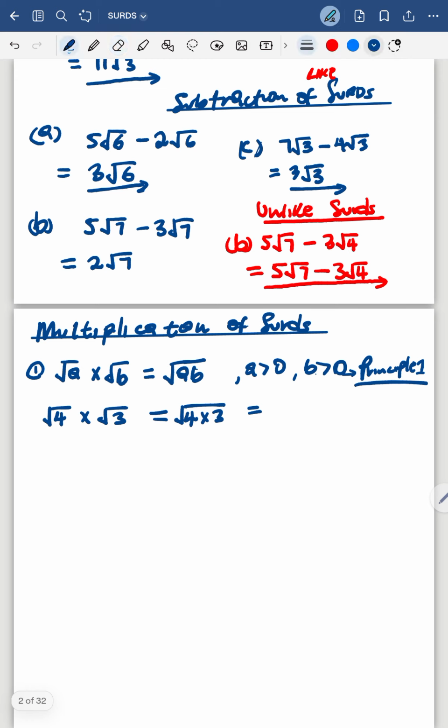So we're going to give the square root of 4, which is going to be 2. Then you will be left with the root.